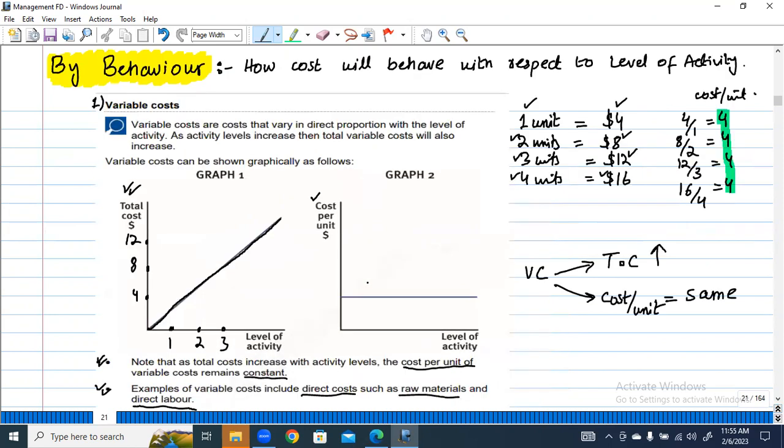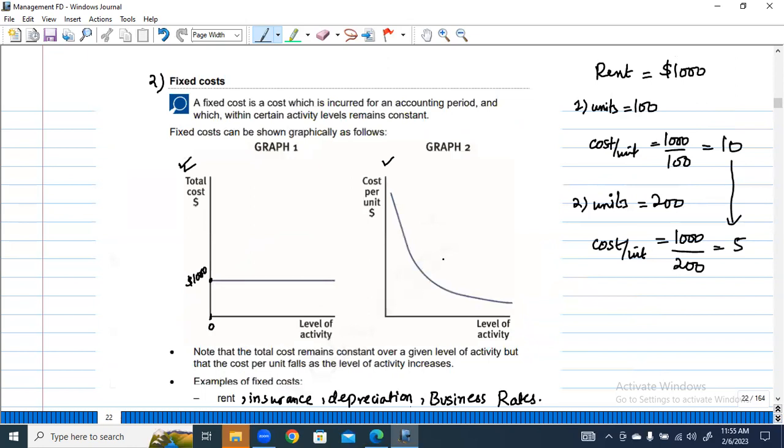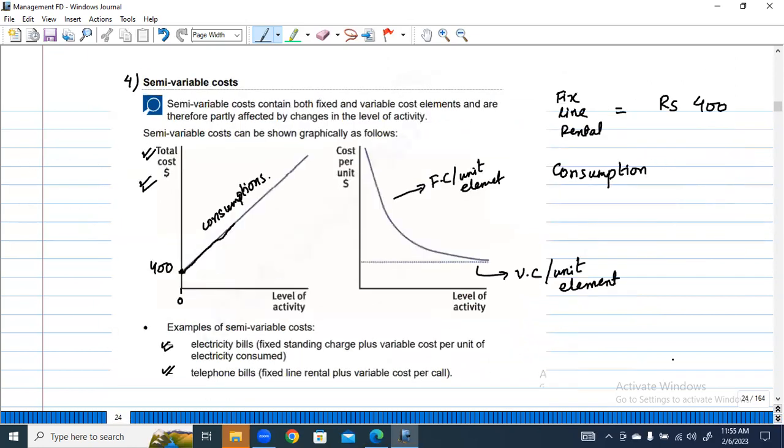Variable cost per unit is constant, right? It's the straight line. And fixed cost per unit is a downward curved shape, right? So in semi-variable cost, because it is the combination of both fixed and variable, this downward curved shape is representing the fixed cost per unit element, and the dotted straight line is representing the variable cost per unit element. So this is your semi-variable cost. Clear?